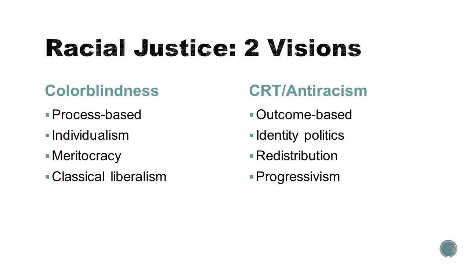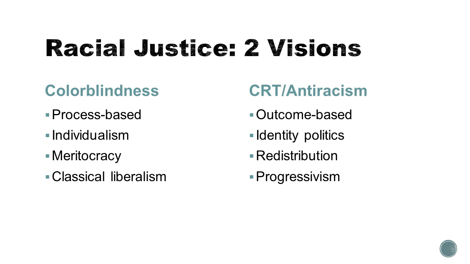So due process, rule of law, these principles of our constitutional order are emphasized within the colorblind vision of racial justice. It's individualistic in the sense that it treats people as an individual according to their own character, their own merits, and so we can call that meritocratic.